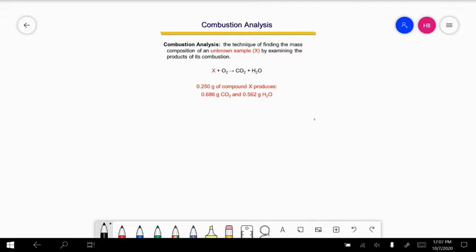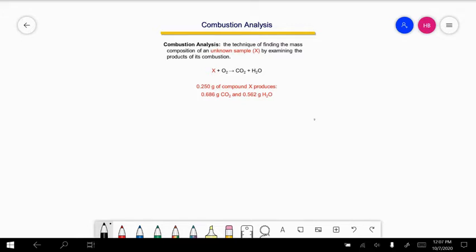So in this case, we are combusting an unknown hydrocarbon. Usually the problem is going to tell us that compound X consists of only carbon and hydrogen. How you would do that is you would inject it into a mass spectrometer and it would give you peaks in the range that's specific to an element.